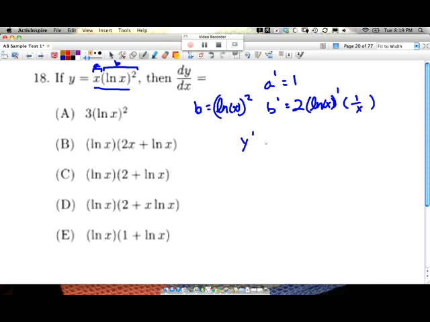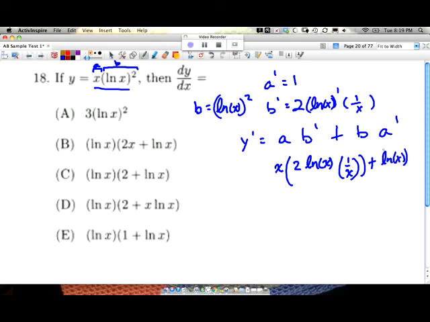Alright, so now y prime is going to be a b prime plus b a prime. a b prime. Well, a is x, and b prime is 2 natural log of x times 1 over x. Plus b a prime. Well, b is natural log of x quantity squared, and a prime is just 1.